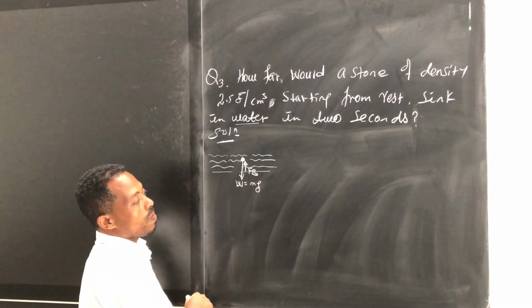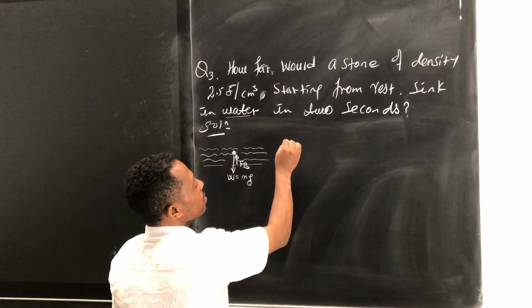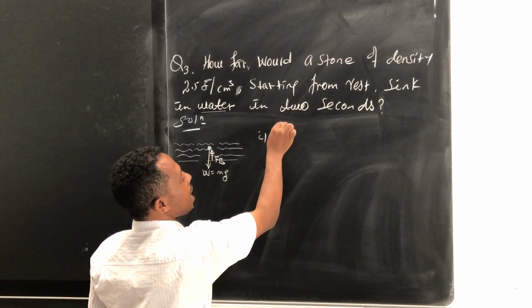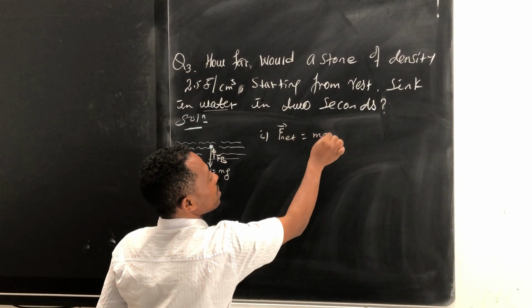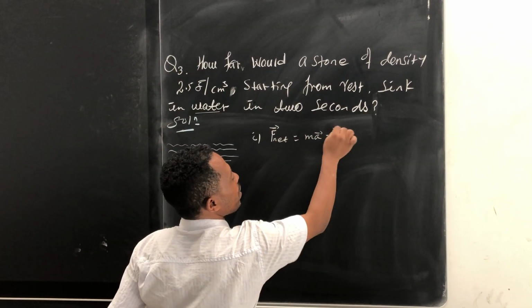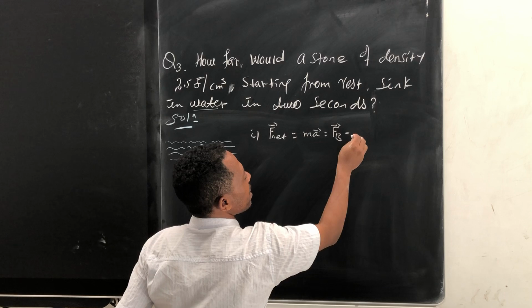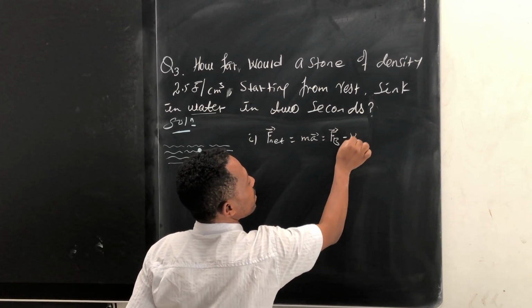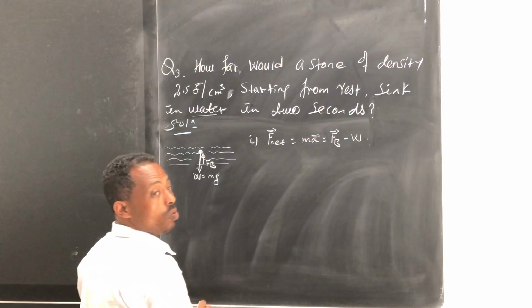And hence, from Newton's second law, the net force acting upon the stone is the difference between the force of buoyancy and W, the weight.